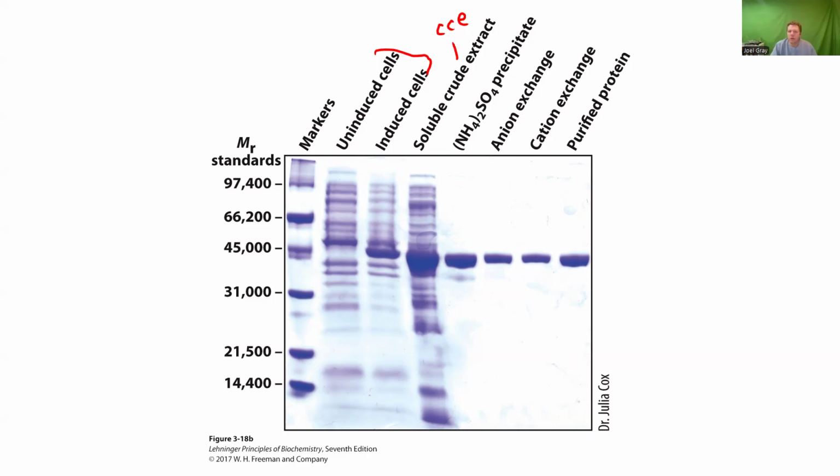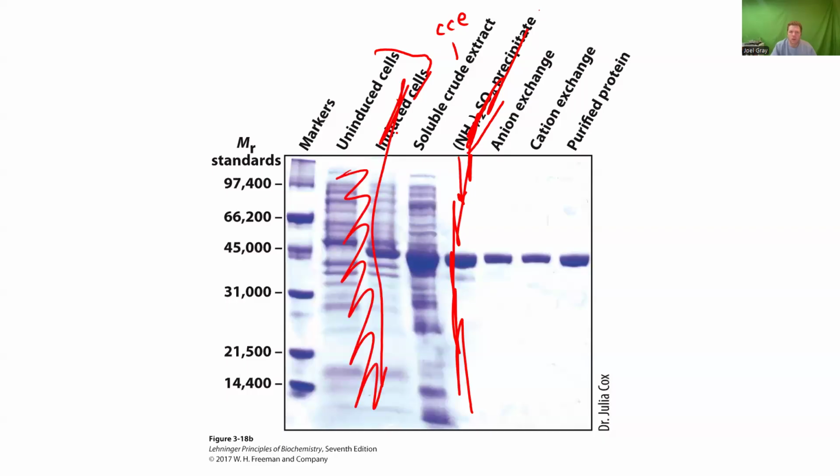This column right here represents precipitation with ammonium sulfate. What I want you to compare and think about is the crude cell extract, the anion column, the cation column, and the purified protein.